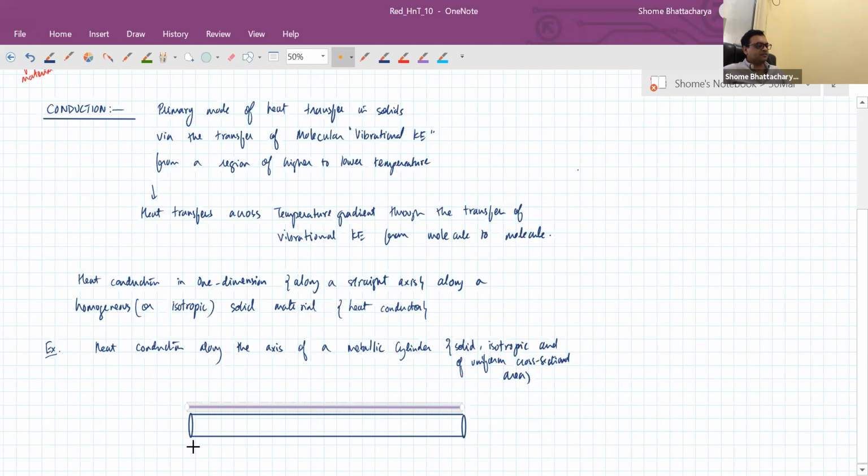So the metallic cylinder will have to be wrapped around with some kind of perfectly insulating material or some kind of poor conductor of heat in comparison to metal, so that none of the heat that is transferred to it from some other heat source is going to radiate or convect out from the surface, and the heat only conducts along its length.